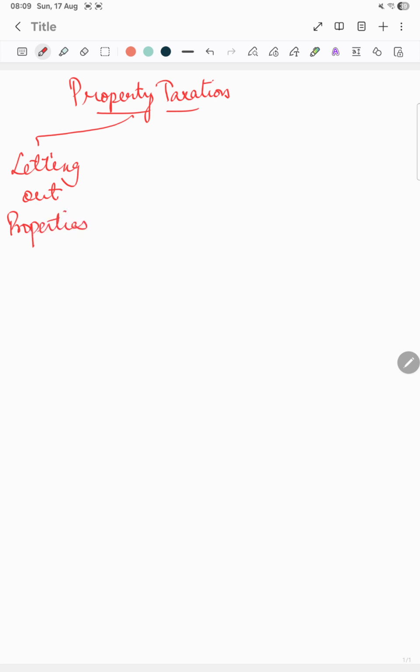Then, in that same property, the person is living himself, but there is one separate spare room which he has rented out. That will be called rent a room relief, which we will be studying later. Then the third type.